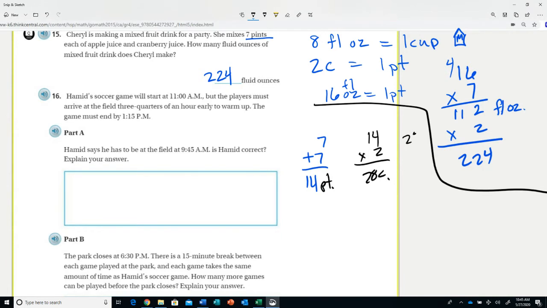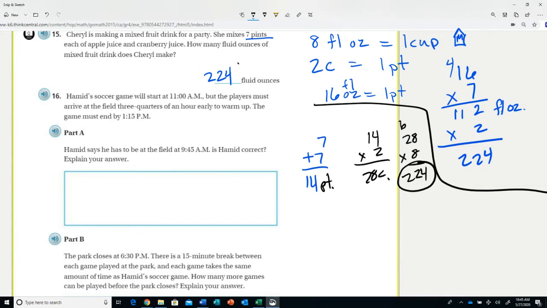And then I did 28 cups times 8 fluid ounces. 8 times 8 is 64, carry a 6. 8 times 2 is 16, plus 6 is 22, and there again is my 224. So that was what I did the first time. I think this time is actually easier, even with kind of needing to go back to reread that question.